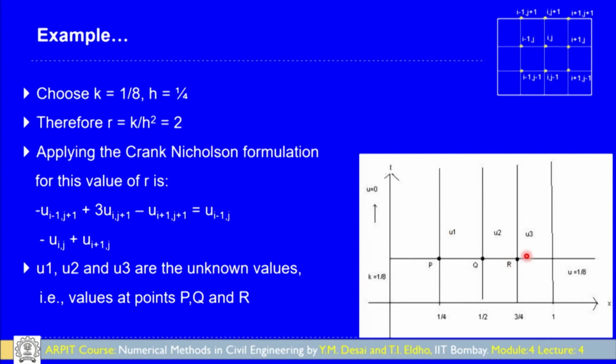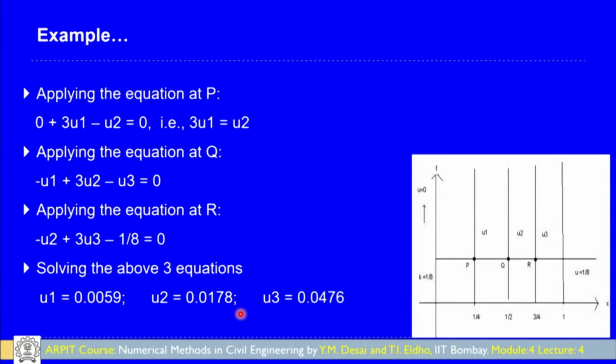So, here we are having 3 unknowns u1, u2 and u3. We can write the 3 equations for all the unknown values by using the Crank-Nicolson formula as written here. So, here we will be finding the unknowns at P, Q and R. Applying the equation at P, we can write 0 plus 3 u1 minus u2 is equal to 0, that is 3 u1 is equal to u2.